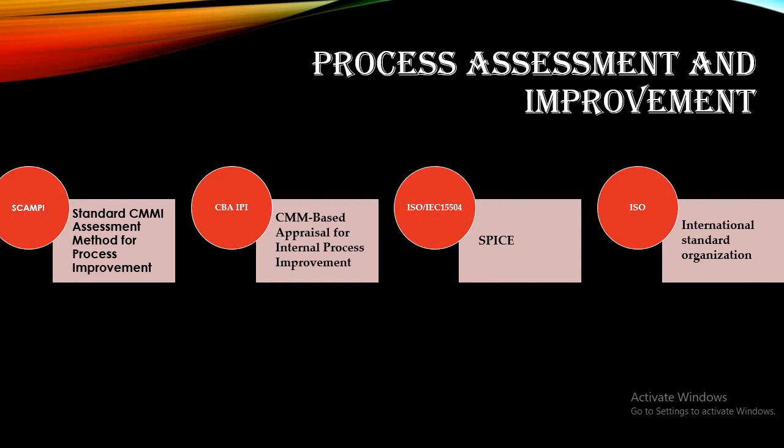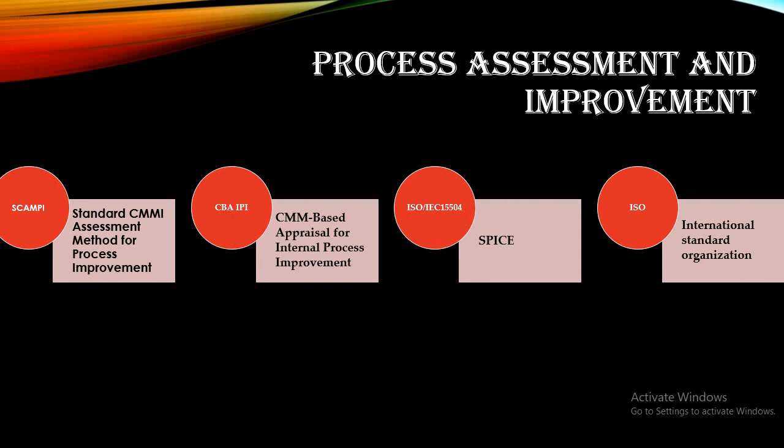And the next one we have is SPICE, and this standard defines a set of requirements for software process assessment. The intent of this standard is to assist organizations in developing an objective evaluation of the efficacy of any defined software process.